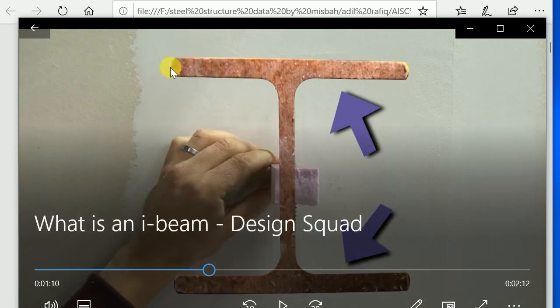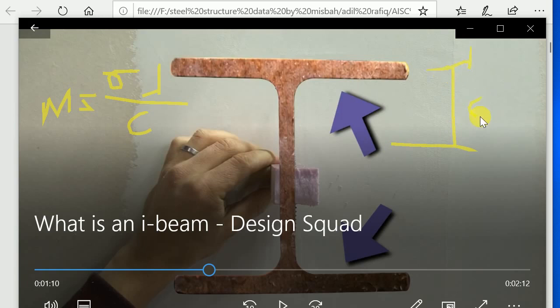As we know, moment M equals stress times moment of inertia divided by the central distance, or you can say the fiber distance, that is your C. From the neutral axis to the top line, this is C.